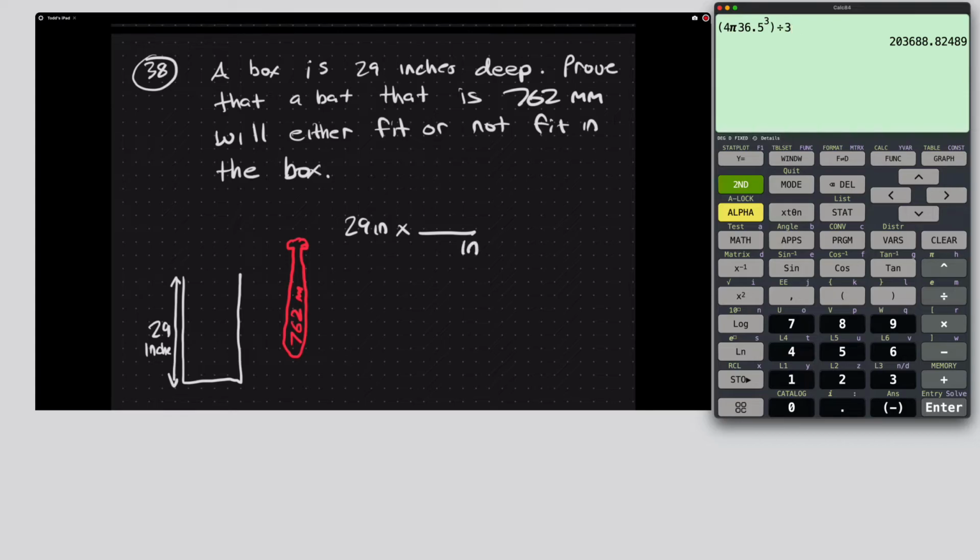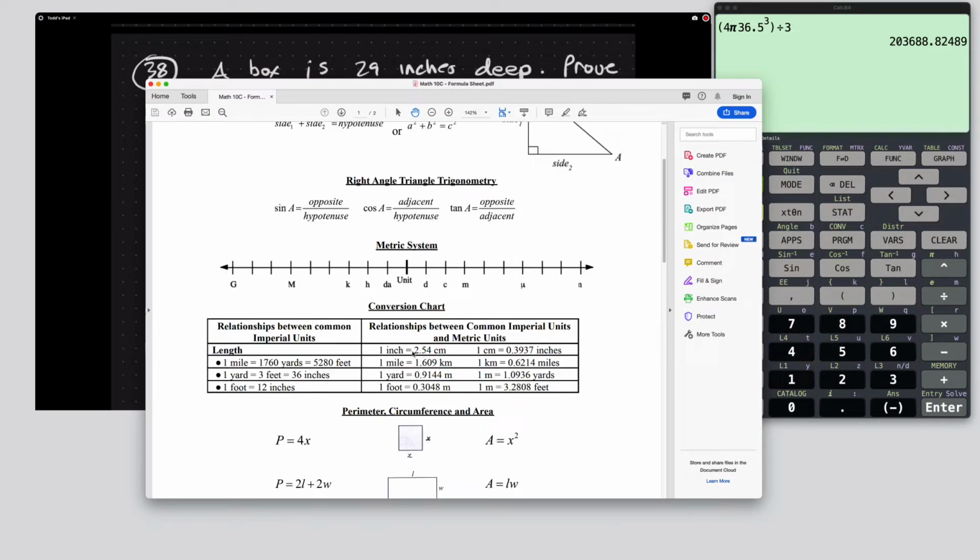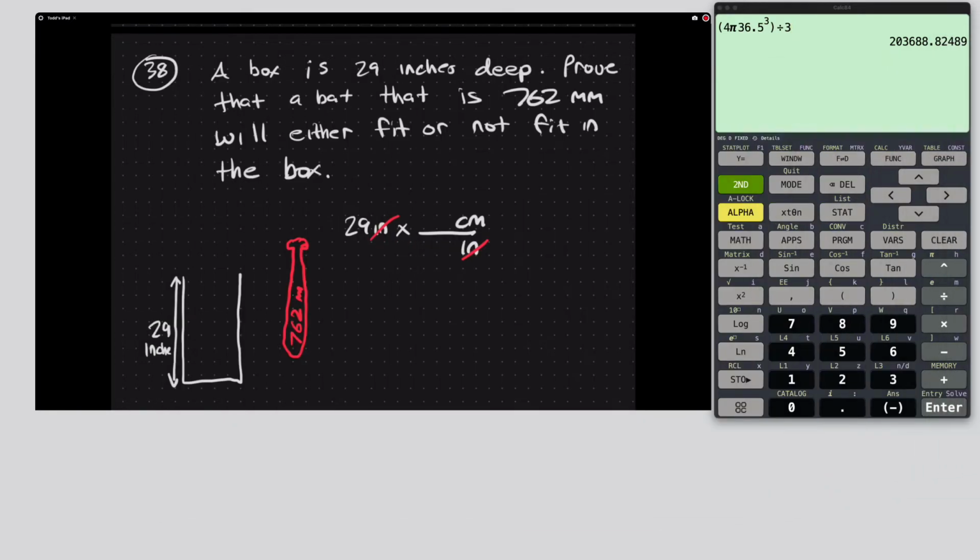Remember that inches will go on the bottom so that the inches cancel, and my new units that are on the formula sheet here, remember that 1 inch is 2.54 centimeters right there. So I can now write 1 inch is 2.54 centimeters, but what are we trying to get to? We're trying to get to millimeters here. So now I'm going to multiply by centimeters on the bottom, millimeters up top. The centimeters will cancel, and I know that 1 centimeter is 10 millimeters.